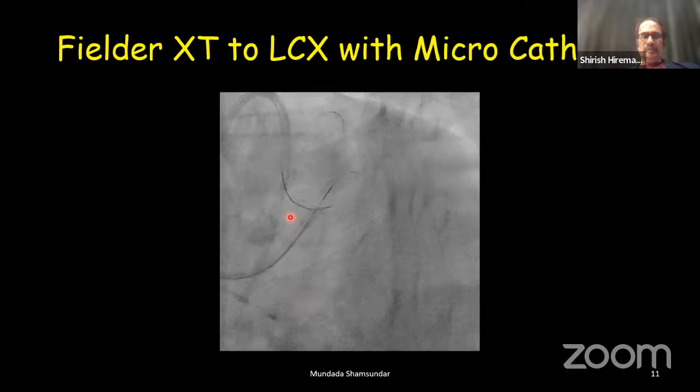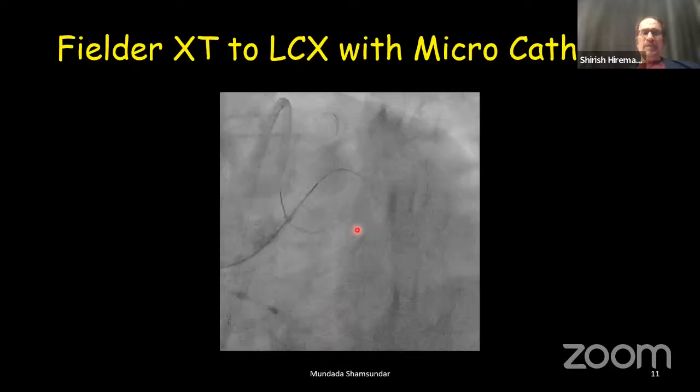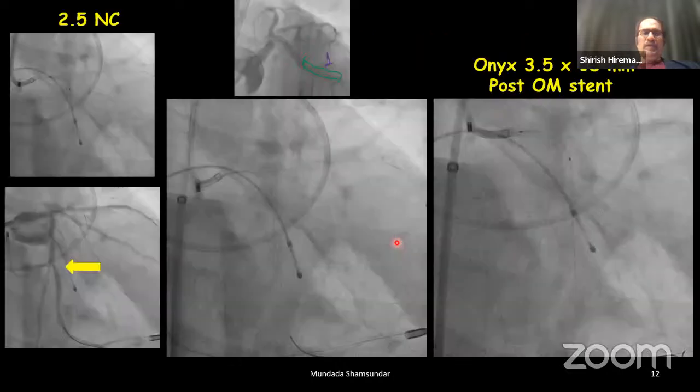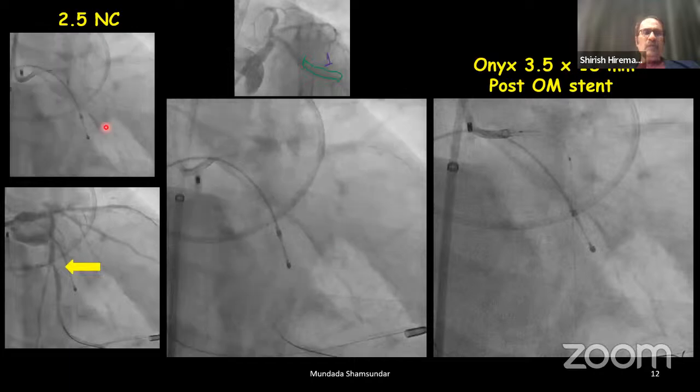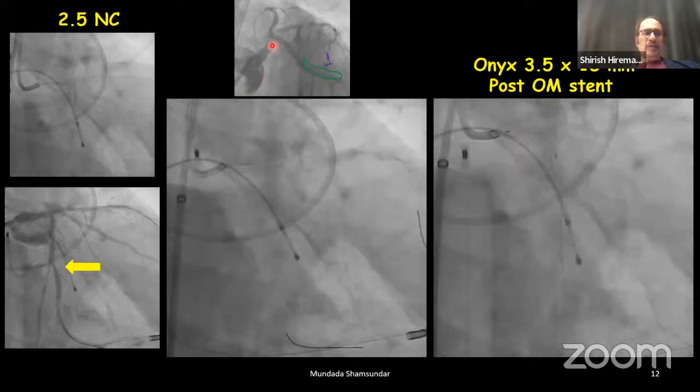This same Fielder XT microcatheter combination was also used to get into circumflex, as you can see here. And so we did NC balloon 2.5. The left main distality, the balloon is looking towards the circumflex, as you can see here.